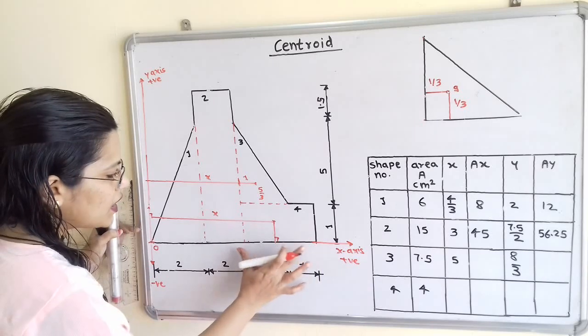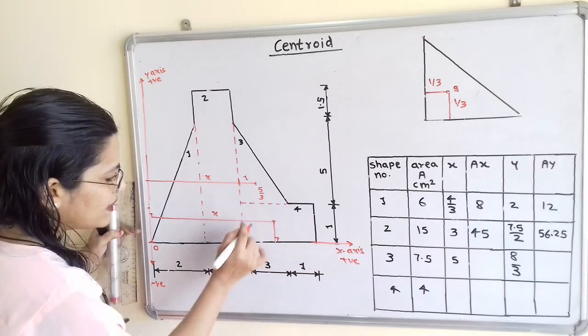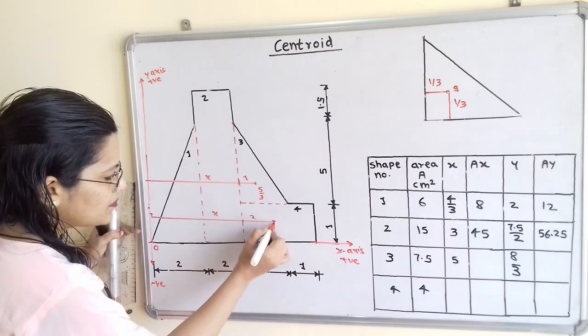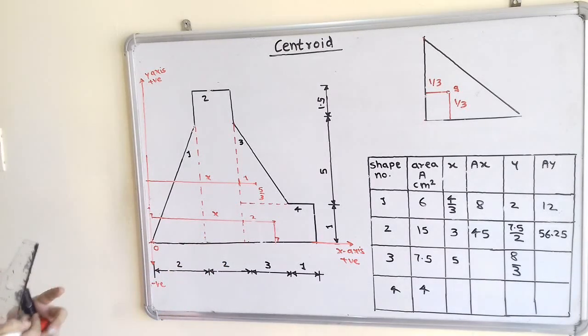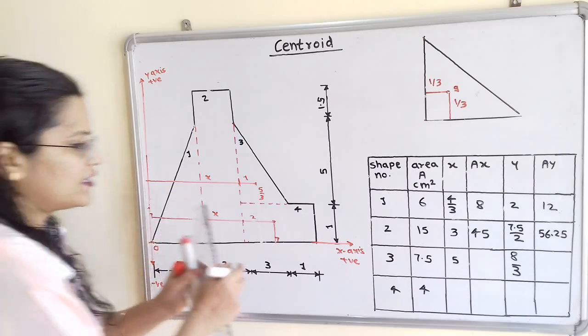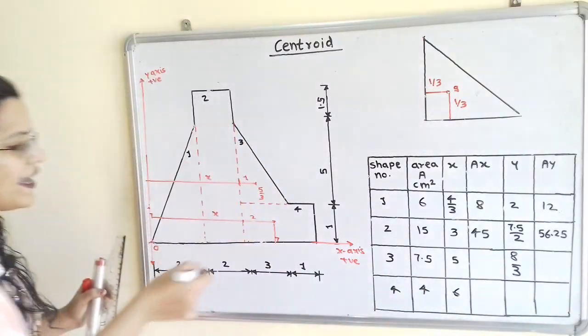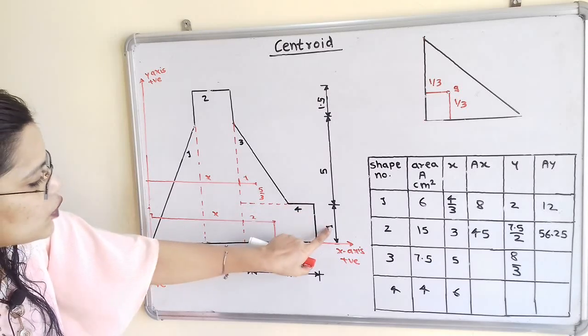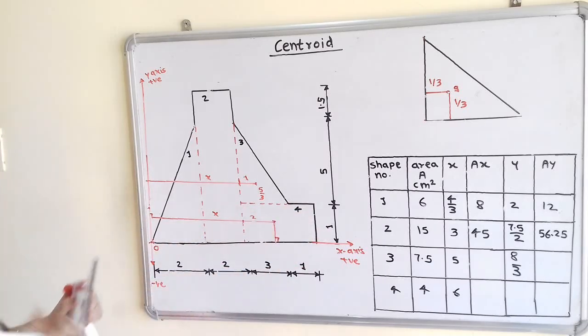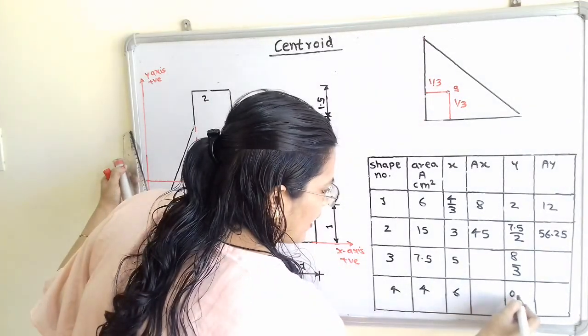So this total length is equal to 4, and here this small span is equal to 2. So 2 plus 2 plus 2 is equal to 6 centimeters. So we will write here value of x is equal to 6 and value of y. So this total width is equal to 1. So 1 divided by 2 is equal to 0.5.